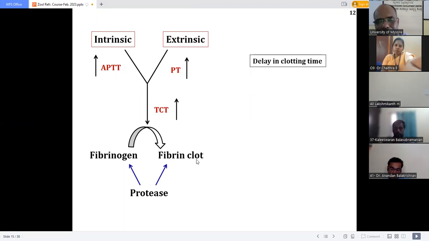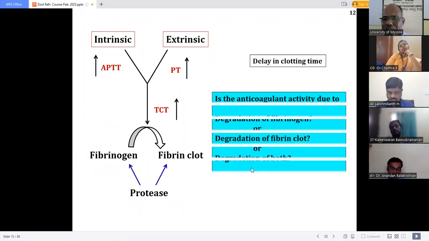The remaining thing in the pathway is the conversion of fibrinogen to fibrin. Our protease may be acting on fibrinogen and depleting the potentially clottable fibrinogen, therefore no clot formation. Or our protease might be cleaving the formed clot. If it cleaves the formed clot, there also you don't see coagulation, is it not?